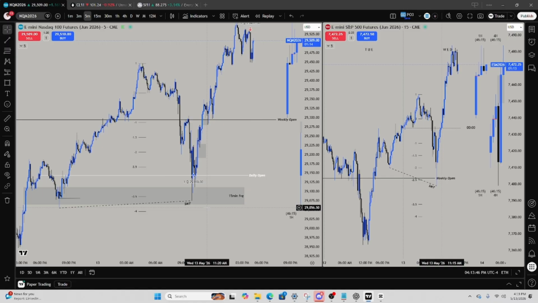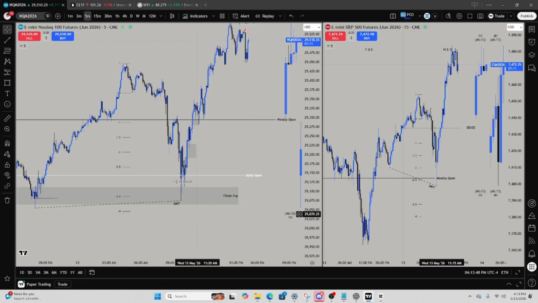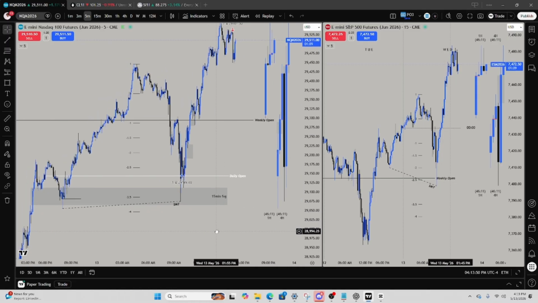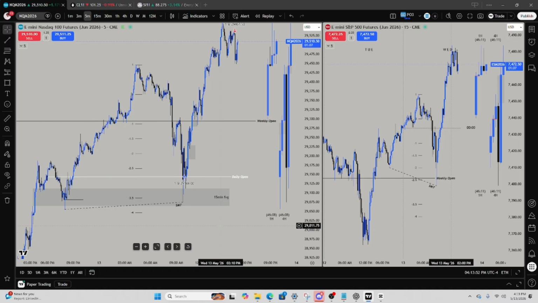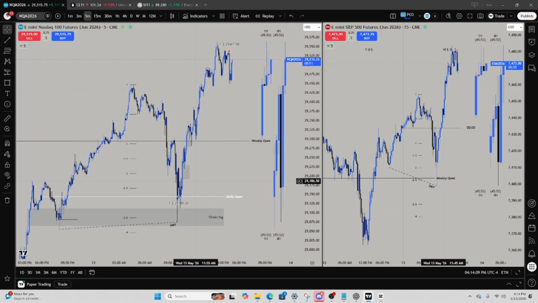Okay, and so with this SMT, I want you to notice how we are below every drawn liquidity that we want to reach. We're below the daily open. Okay, not only that, before that, we're below that 8 o'clock hourly open. We're below daily open. We're below weekly open before any of this happens.